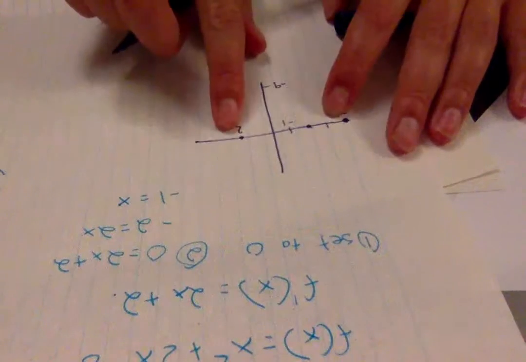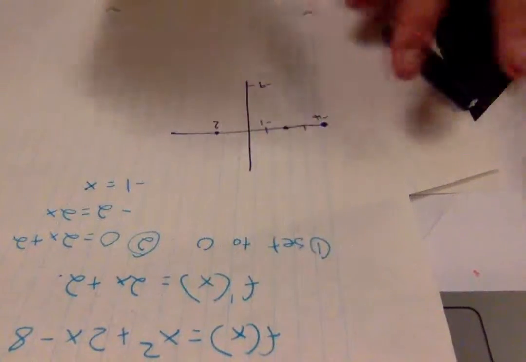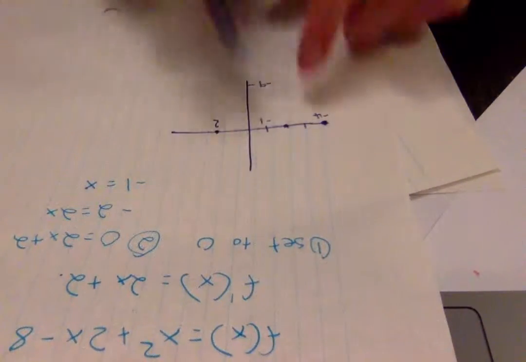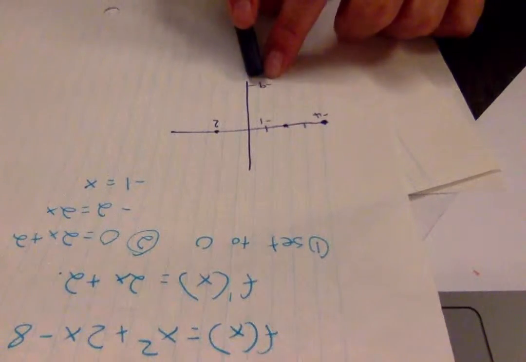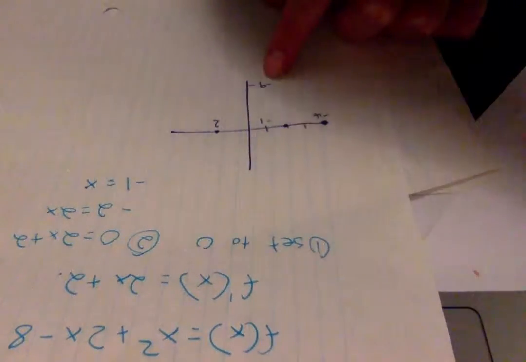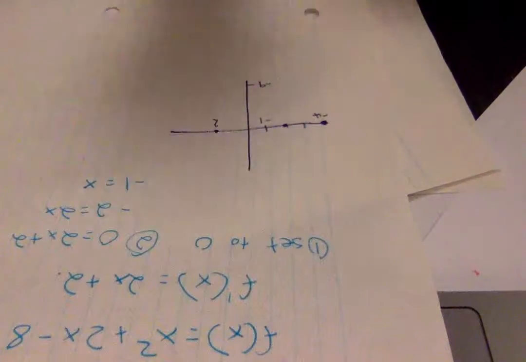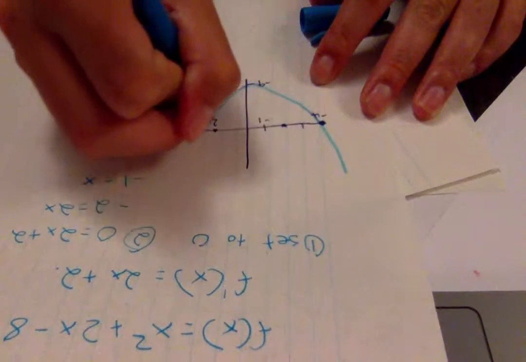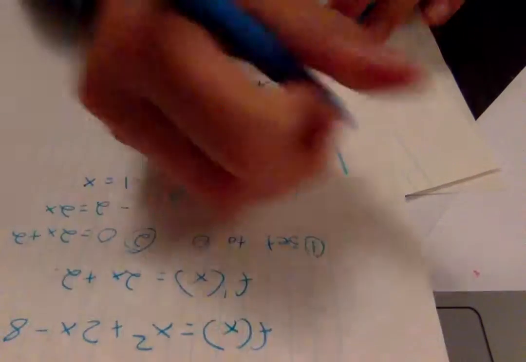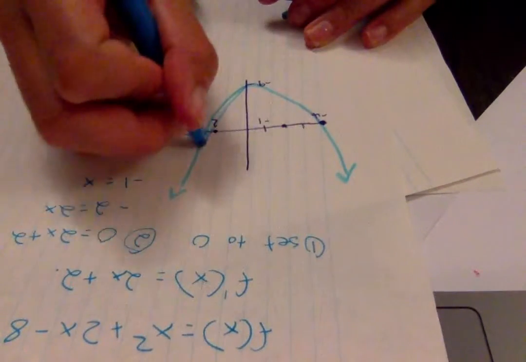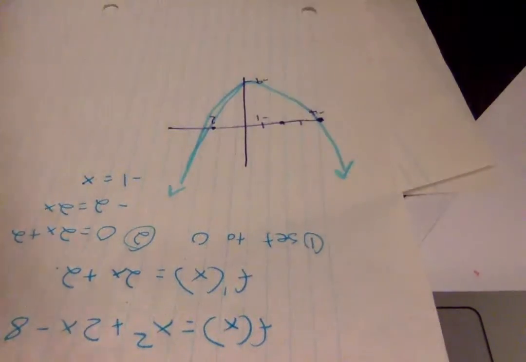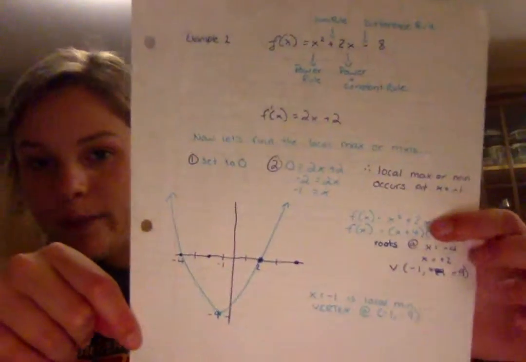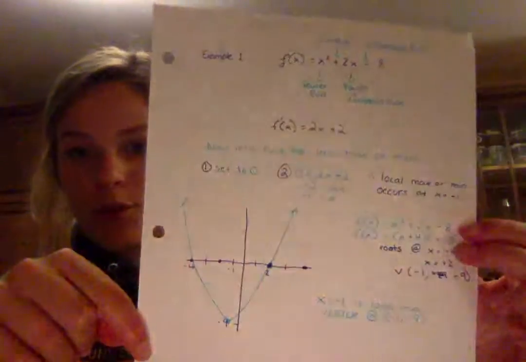These are our two points because they're our roots, and then our vertex is occurring at (-1, -9). So we know that our graph is going to look something like this. And then just another overview of it. This will also be attached in the folder.